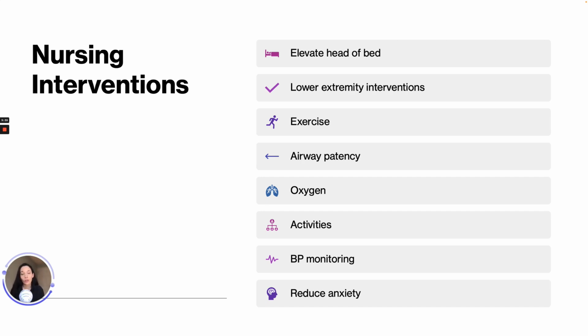We can look at blood pressure monitoring by measuring and monitoring the blood pressure before and after activities in acute phases or until stable. And we can reduce anxiety by helping the patient to recognize their anxiety, and we can also compensate for alterations in mental status.